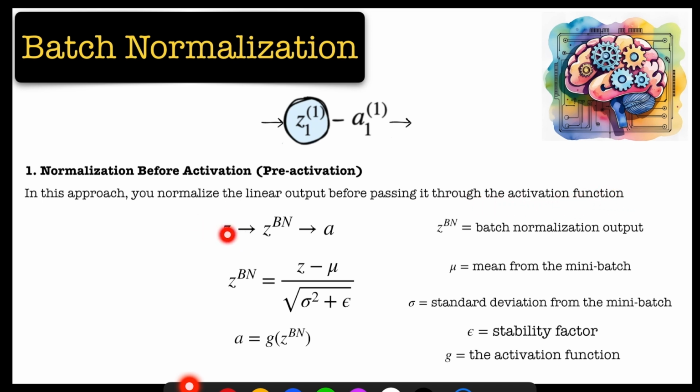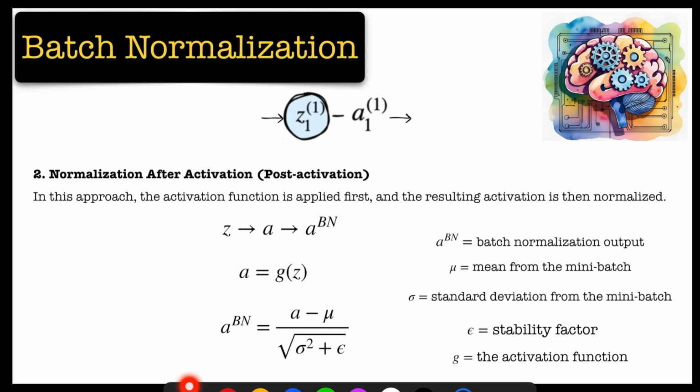From Z we calculate ZBN, the batch normalized output, and then we pass it through the activation to get A. ZBN is obtained by applying the standardization formula: mu and sigma are calculated from the mini batch, epsilon is the stability factor, and g is the activation function. So after batch normalization, we apply the activation function.